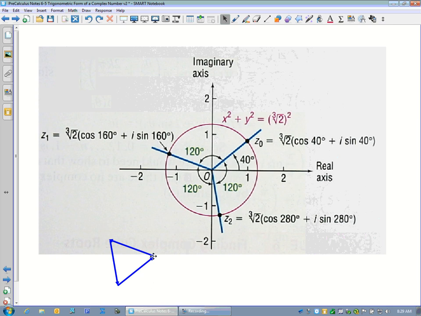Notice how no matter where you start, if you follow along all the vectors, you end up at the same spot. So that's easy to prove that the sum of all the complex roots, no matter how many of them you have, if I'm taking the 17th root of 87 in complex numbers, all of those 17 roots, if we add them together, are going to equal 0.